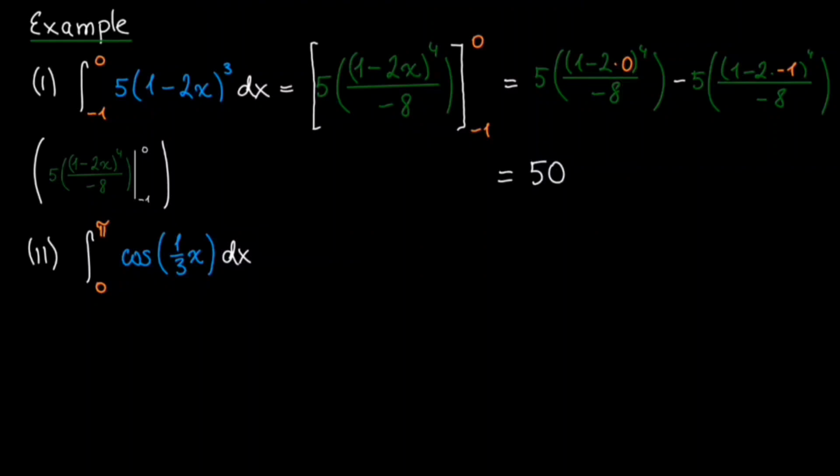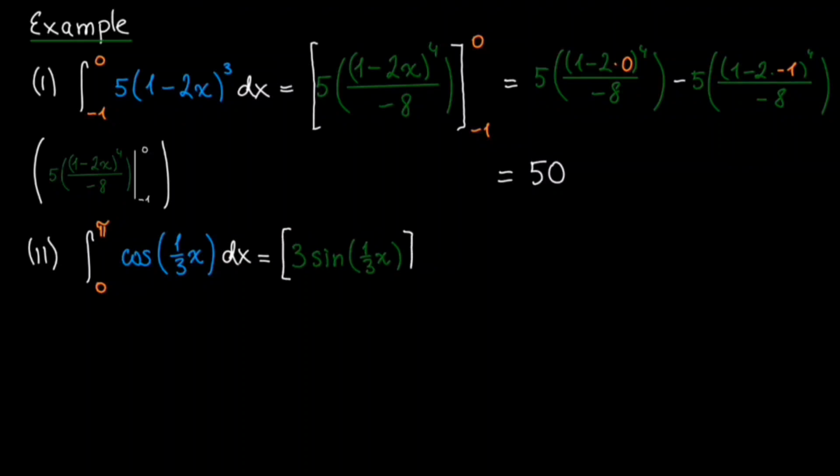So, once again, the first step is to compute the antiderivative of cosine 1/3 x. The result we're going to get is sine of 1 over 3x divided by 1 over 3. If you simplify this, all you're going to get is 3 sine of 1 over 3 x.